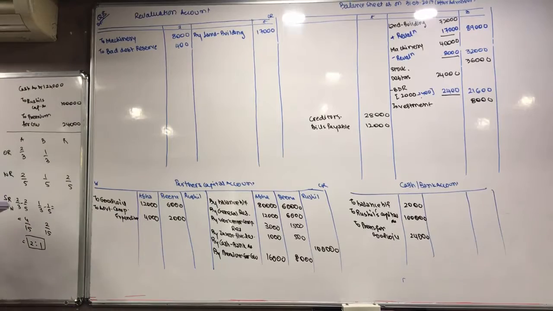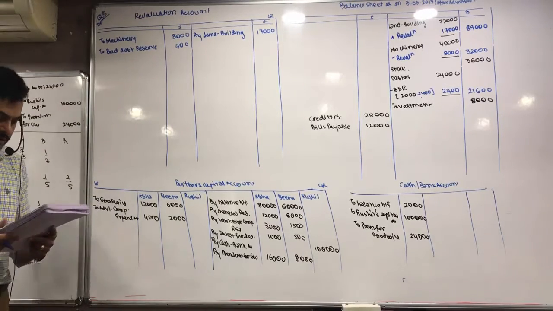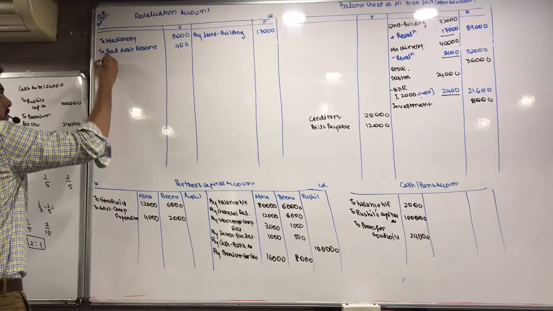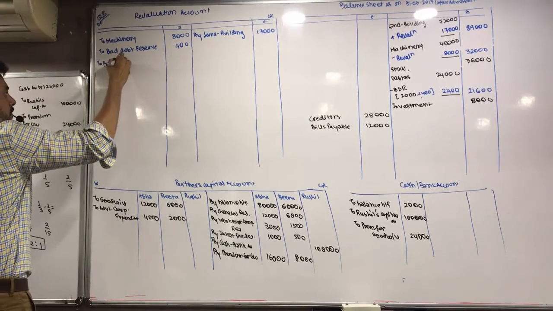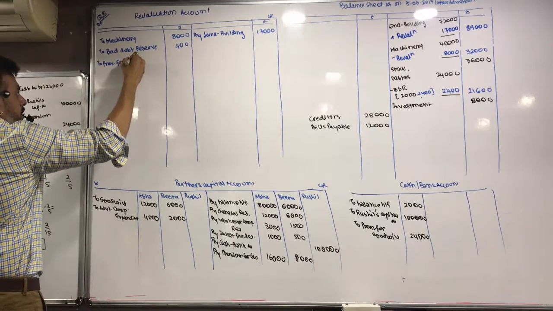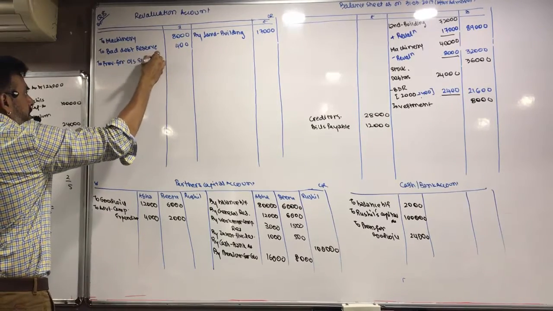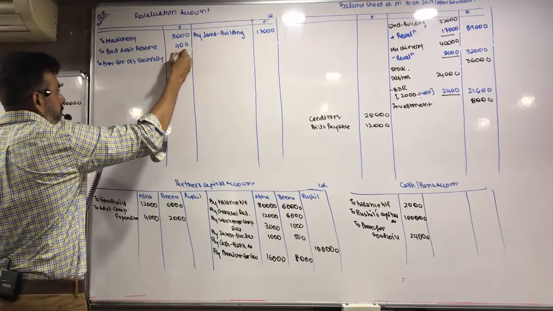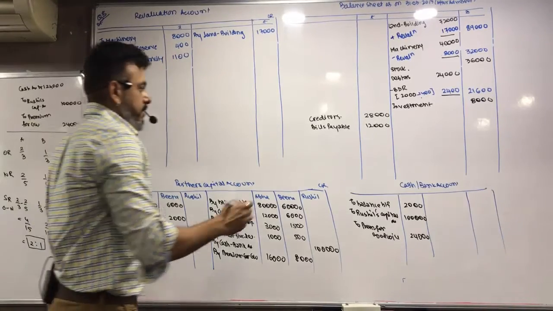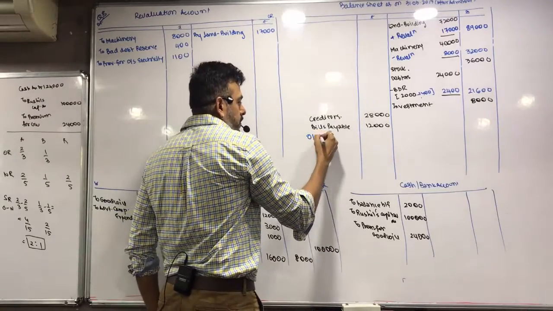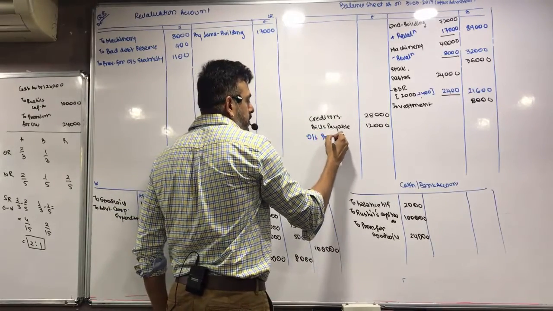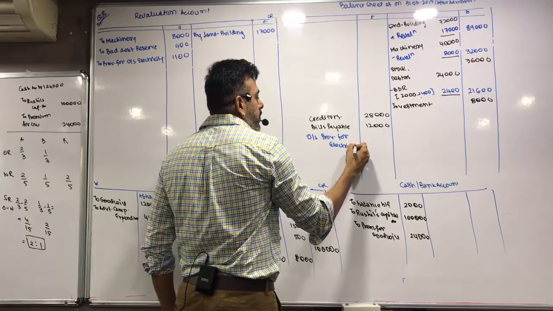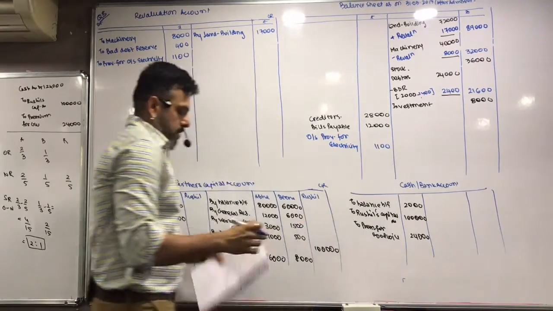Provision for outstanding electricity is to be made at 1,100. So provision for outstanding electricity 1,100. Second effect, outstanding 1,100.